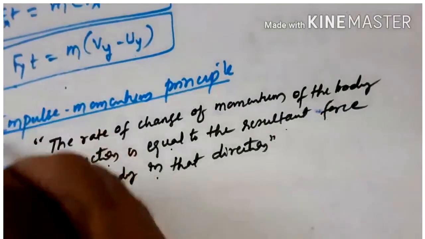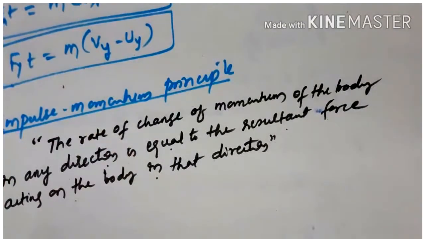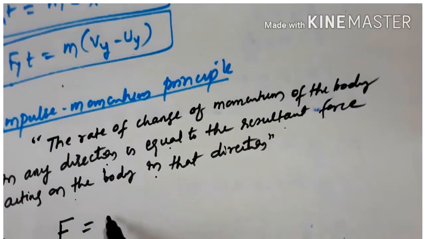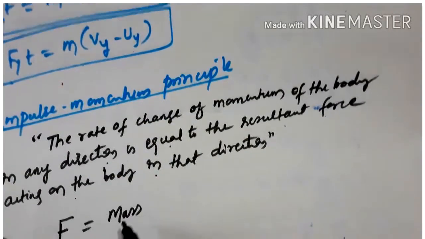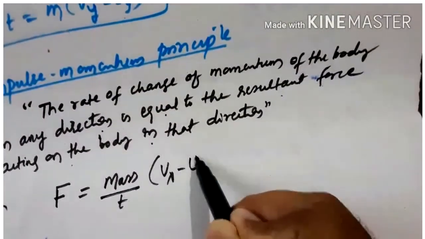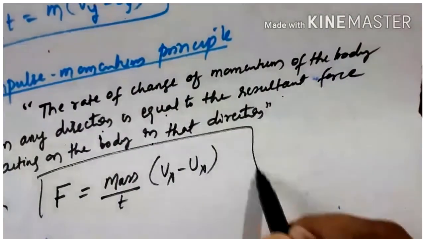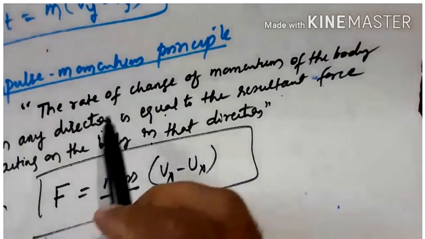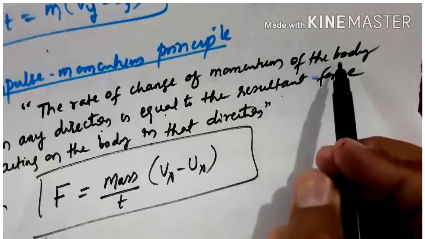Okay, so this can be written, and you can write this or this. If you take F equal to mass upon time into Vx minus Ux, that is the rate of change of momentum of the body.